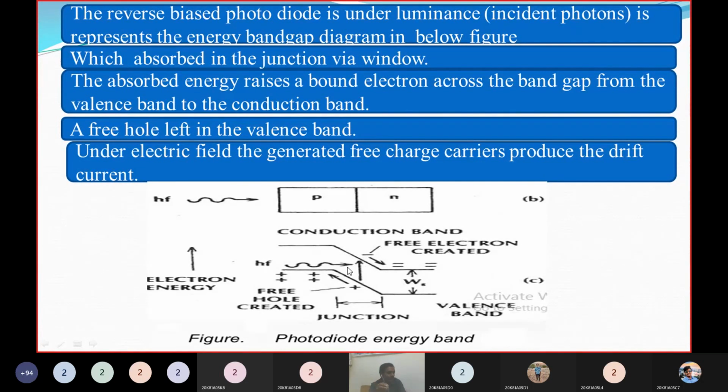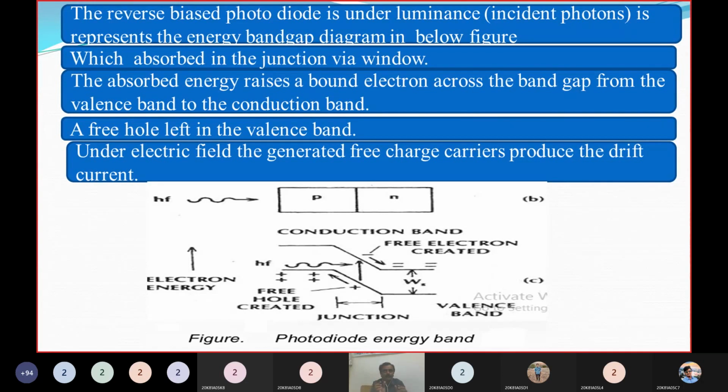So what happens is that very high intensity is not possible. There is a particular limit of intensity and a particular limit of absorption of light, because the area of absorption is very small. Compared to forward bias the width is a little higher, but the area is still very small.